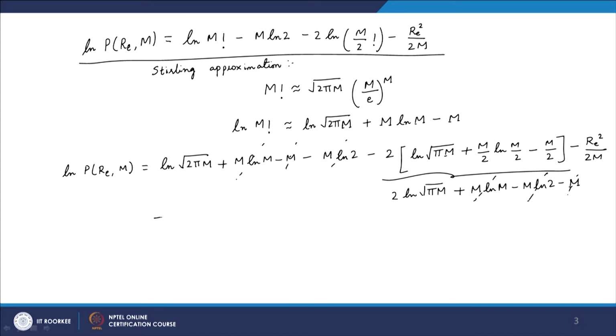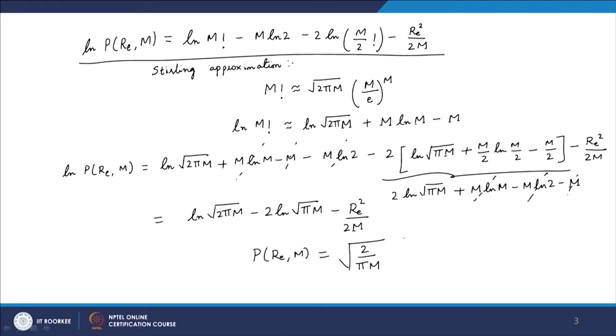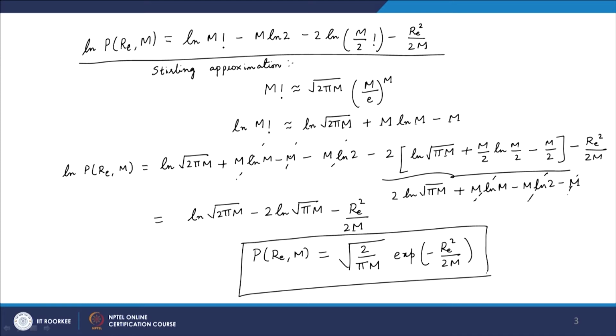What we have then gives rise to a relation which happens to be in the form of what is known as a Gaussian distribution.